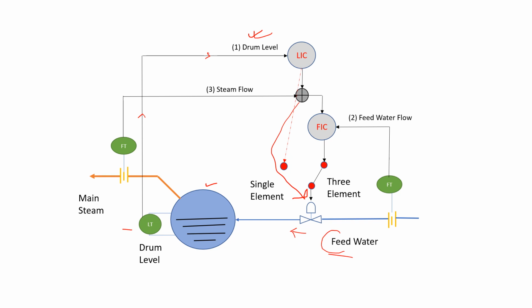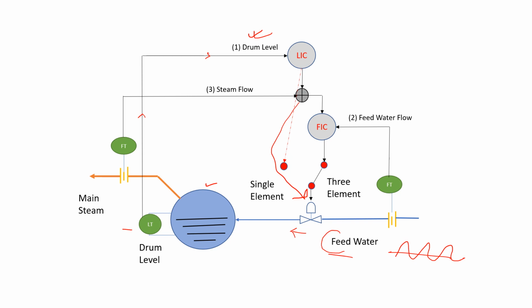But the problem happens when there is a sudden variation in the feed water flow, maybe due to a disturbance in some mechanical equipment or some issue in the feed water flow line.